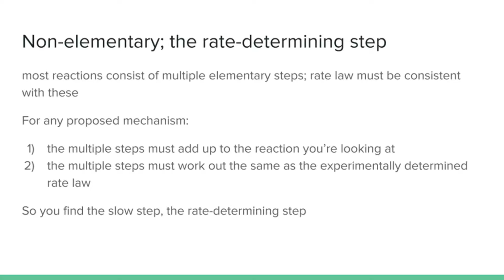Whatever way they add up, looking at the rate of each individual step, you have to come up with the same rate law as the actual rate law you've measured. And that is where things can get really complicated, thanks to equilibrium reactions and slow steps and fast steps.